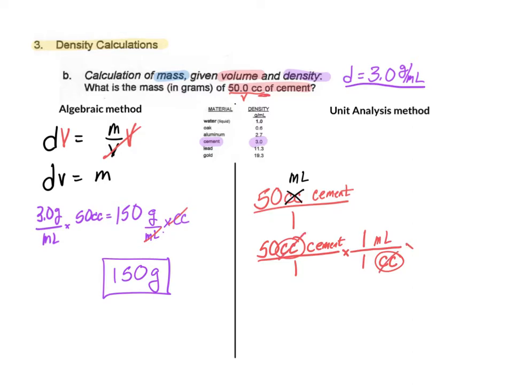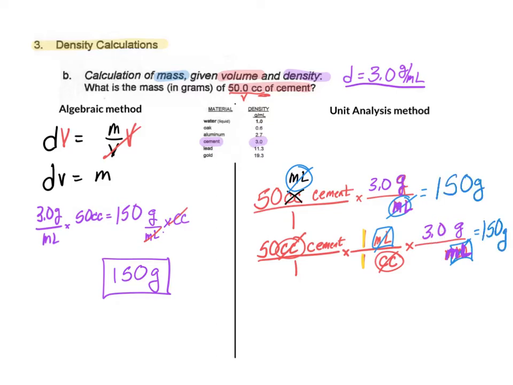We can see how that relates to the density, because the density is 3 grams per milliliter. We're going to put milliliters on the bottom to make sure the milliliters cancel out, leave the grams on top, the 3 stays with the grams, and we get our answer of 50, all those units are canceling out, times 3 grams, and that is equal to 150 grams. Of course, the answer is exactly the same because it's the same question, but there are two different ways to get there.